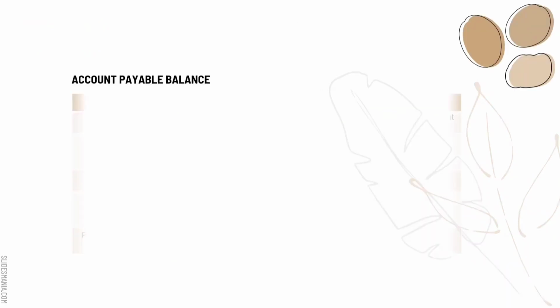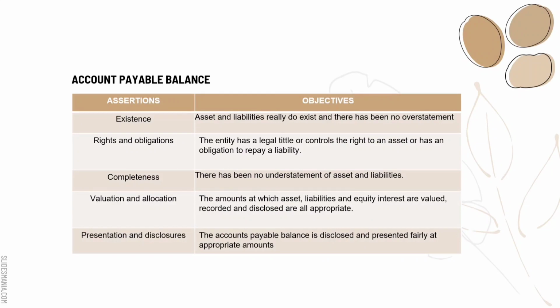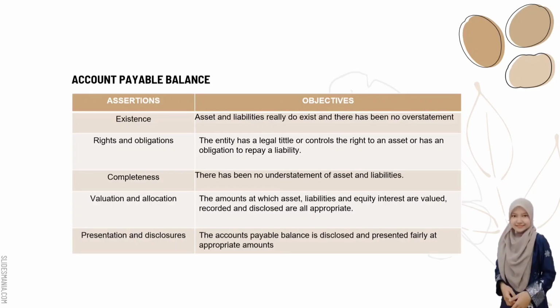For the account payable balance, the objective of the assertion for existence is that assets and liabilities really do exist and there has been no overstatement. Rights and obligations: the entity has a legal title or controls the right to an asset, or has an obligation to repay a liability. For completeness, there has been no understatement of assets and liabilities.